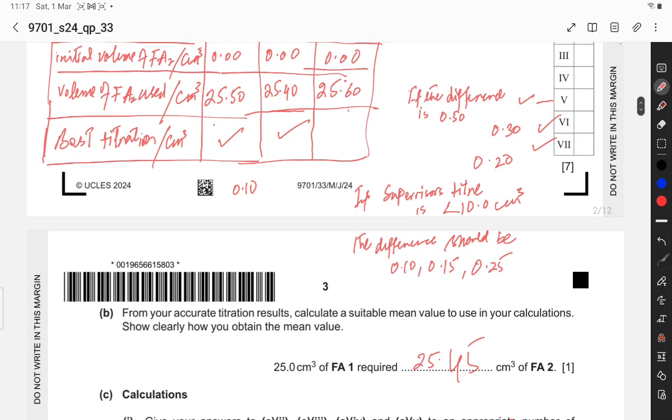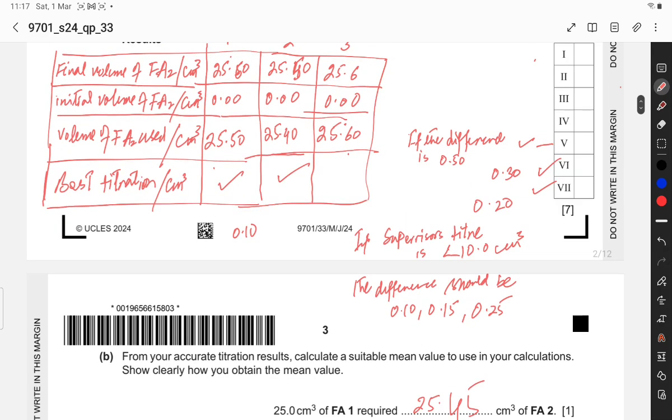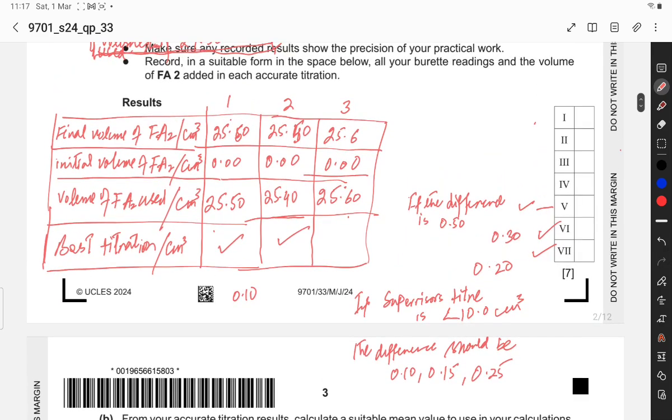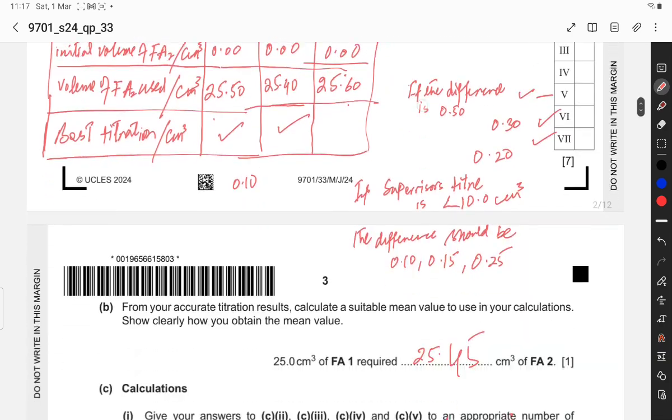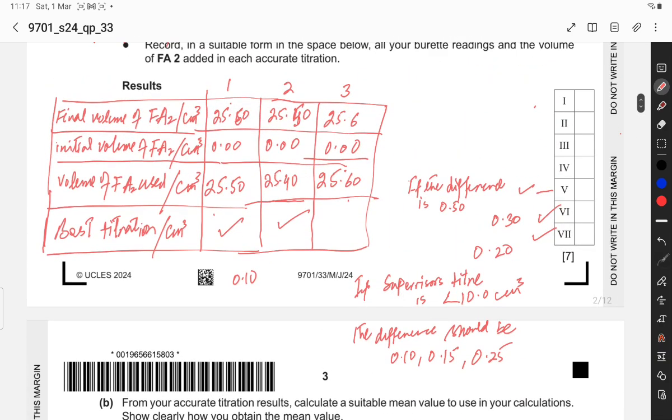These are the marks you are getting. So the 6th and 7th marks are for the difference. If the difference is more than 0.30 or 0.20, then the supervisor's reading matters.